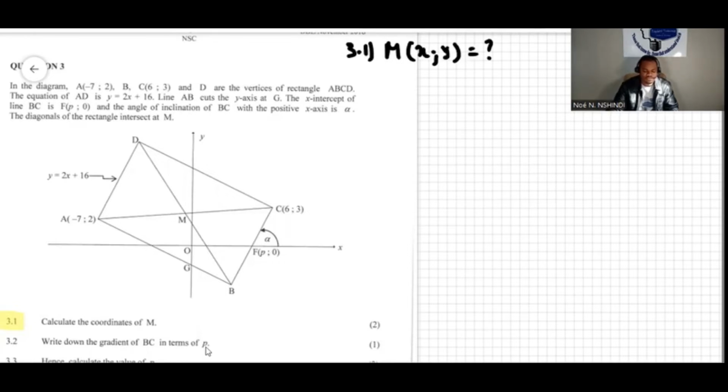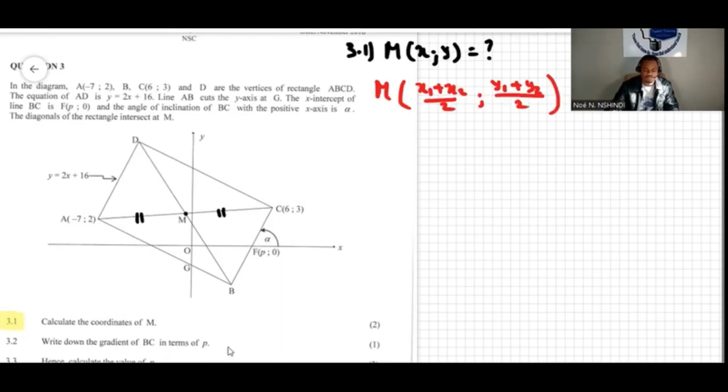We can see that because it is a rectangle, the point M here is the midpoint of the line AC. Remember, a rectangle is also a parallelogram, so it's the midpoint of AC, and the midpoint is given by the formula M equals (x1 plus x2) all over 2, and then (y1 plus y2) over 2.